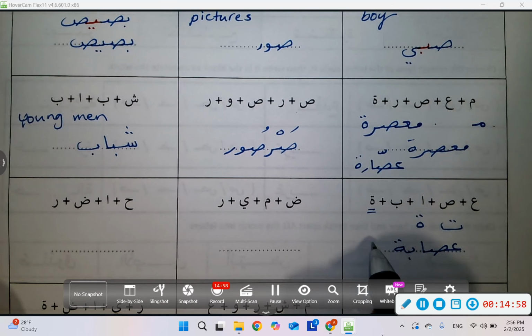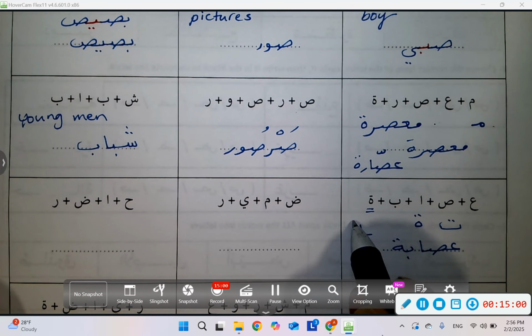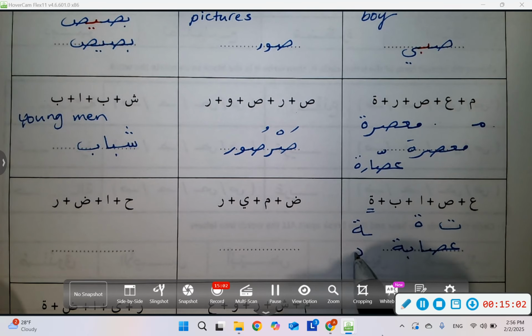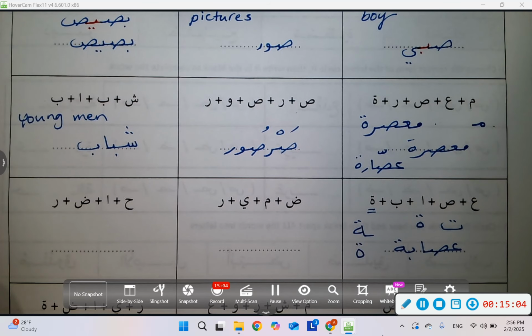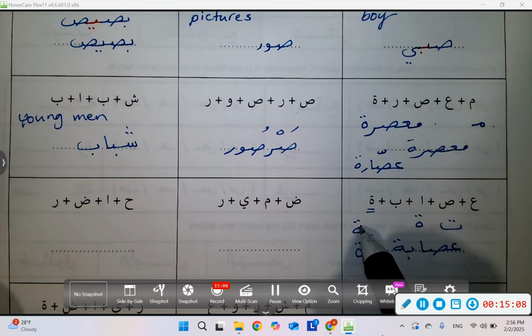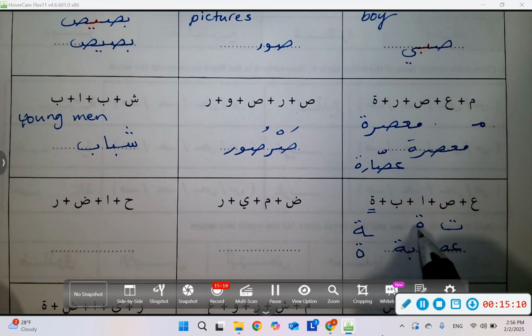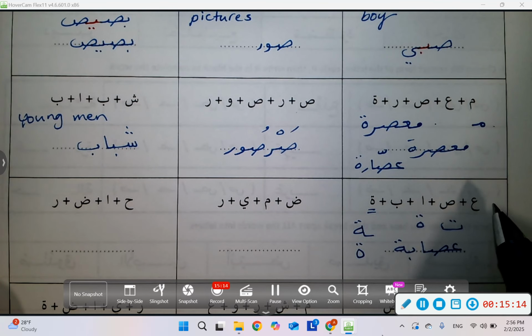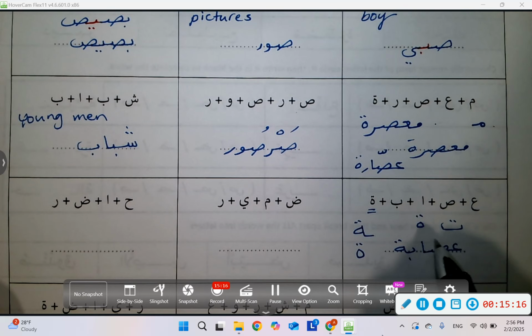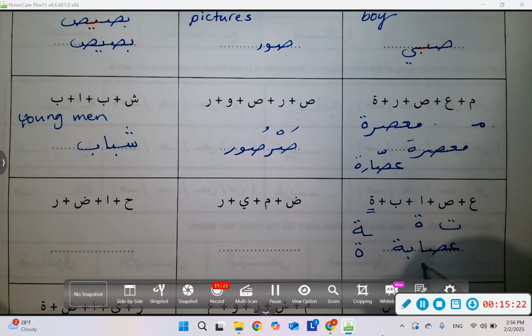If it's connected, it connects like this. And if it's alone, it stands like this. And when we arrive to it, we're going to see why we have it closed when it comes at the end of the word. Not all the time. Sometimes ta is closed and sometimes it's open like this. Isaba, it means a gang.